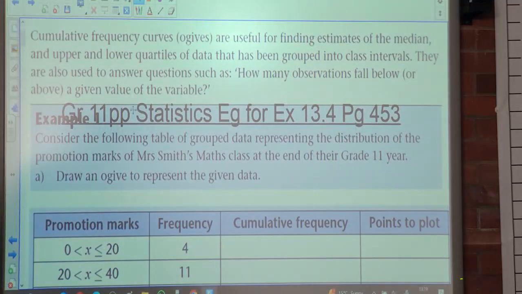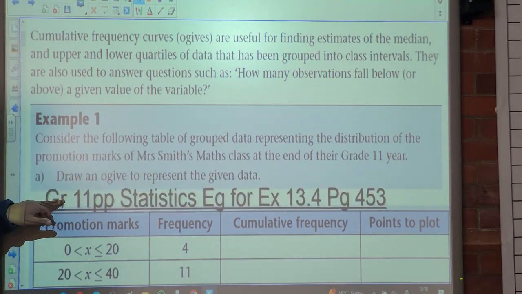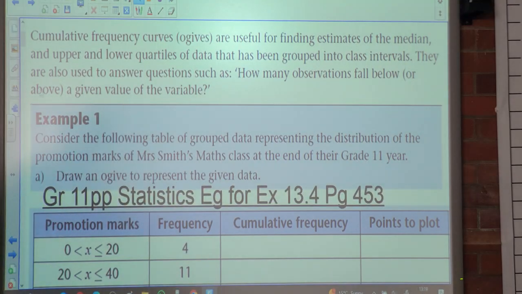The cumulative frequency curve, the ogive, is useful for finding estimates of the median, the upper and lower quartiles of data that has been grouped into class intervals. They are also used to answer questions such as how many observations fall below or above a given value of the variable. Okay, we'll see that in action now.